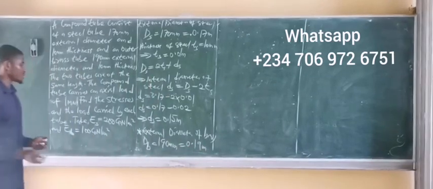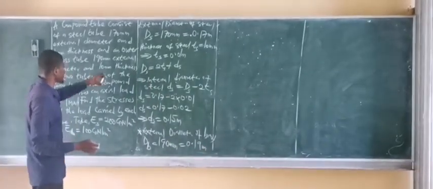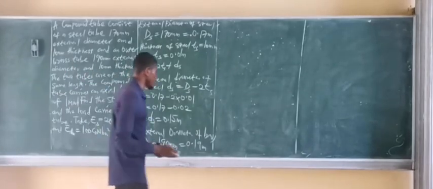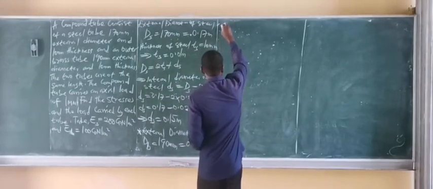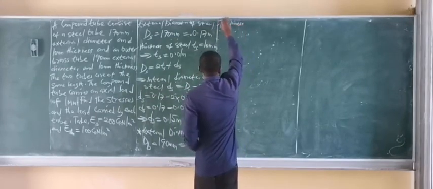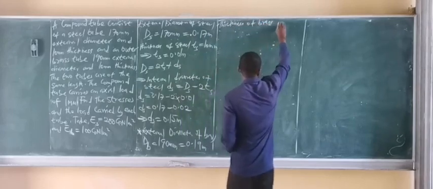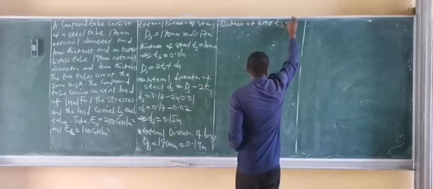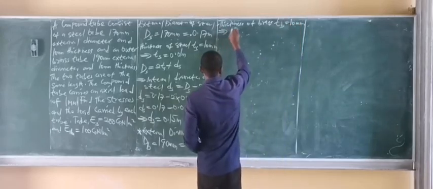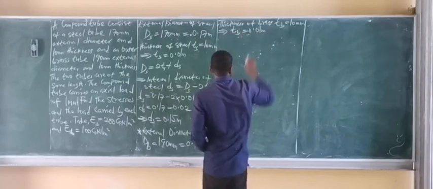And the thickness of brass is also 10 millimeter, so thickness of brass, TB, is also 10 millimeters. That implies that the thickness of brass is 0.01 meters.